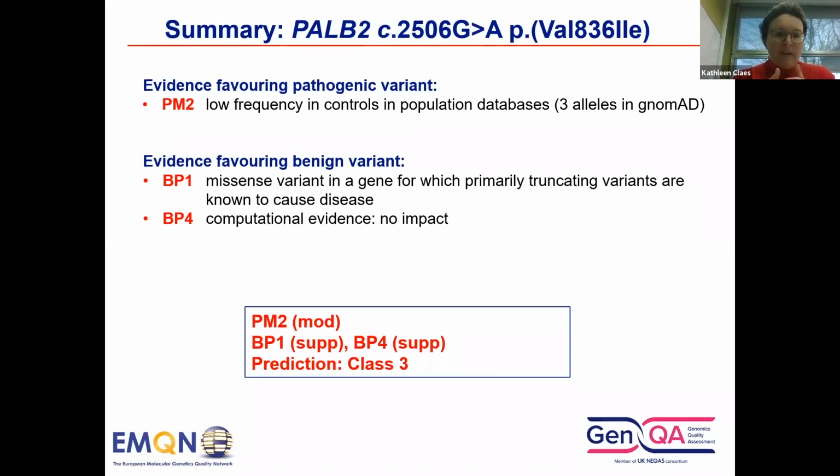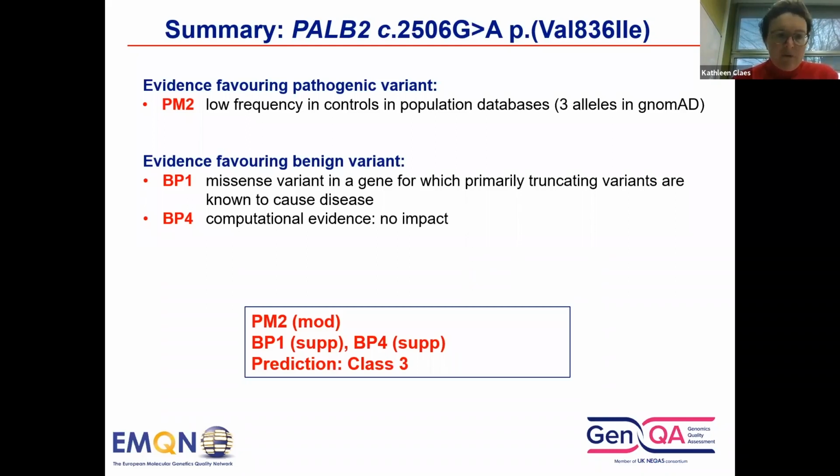And that's also what Emma indicated. Things are moving. So we have to be very alert that our knowledge is increasing gradually and that regular revision of some variants might be indicated. And then we also applied BP4 because computational evidence says there is no impact.